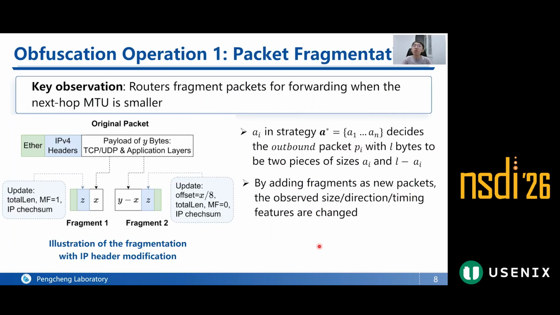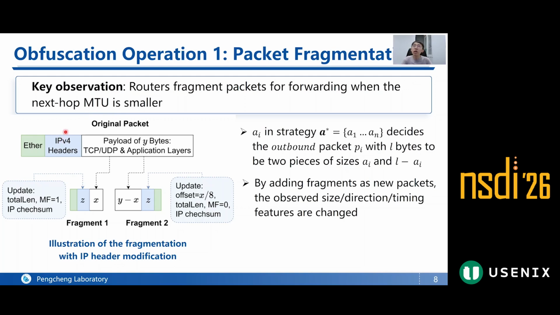Okay, now we need to detail the obfuscation operations. The first one is packet fragmentation. It is observed that routers fragment packets when they are forwarding the packets to the next hop, if the next hop has a smaller MTU.